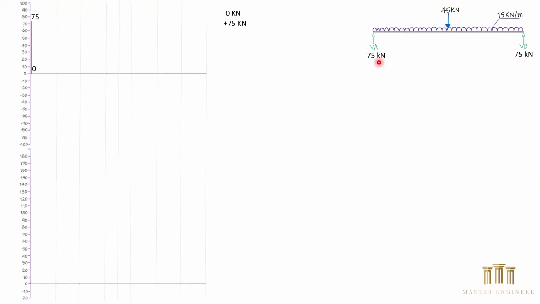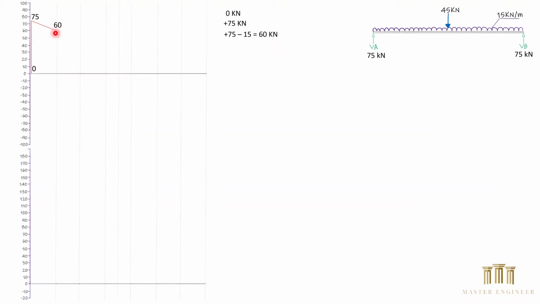Then we have 75 kilonewton, which is VA, acting upward. So it's a straight line to 75. Since we have 15 kilonewton UDL, that means every 1 meter, there will be 15 kilonewton acting on the beam. So every meter, we go down by 15 kilonewton. 75 minus 15 equals 60 kilonewton.